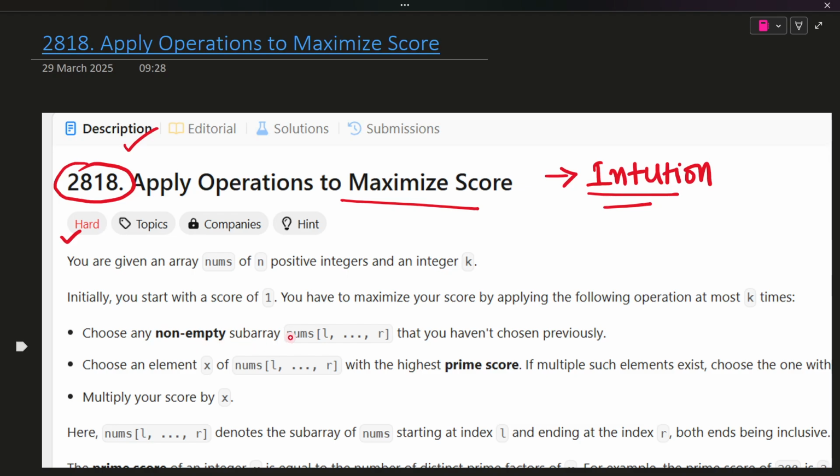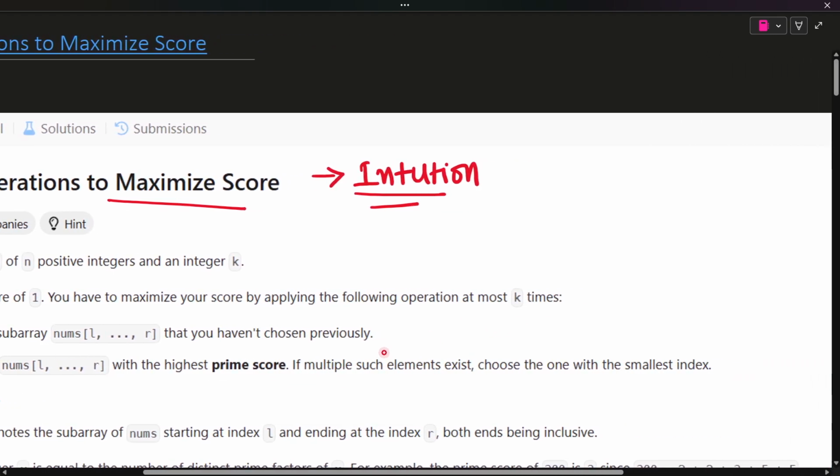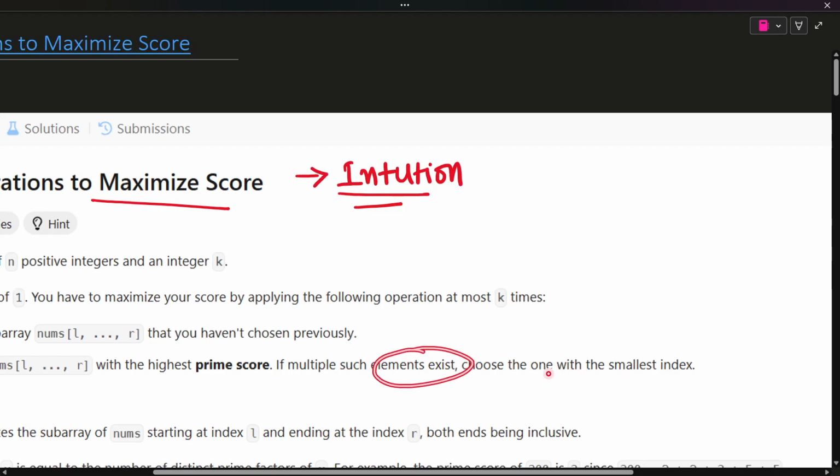Choose a non-empty subarray nums from L to R that you haven't chosen previously. Choose an element x of nums L to R with the highest prime score. If multiple such elements exist, choose the one with the smallest index.